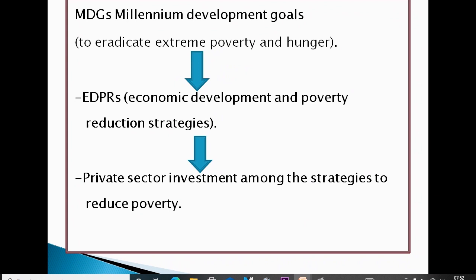That is globally. And regionally, different countries started elaborating and putting in practice what we call EDPRS, Economic Development and Poverty Reduction Strategies.